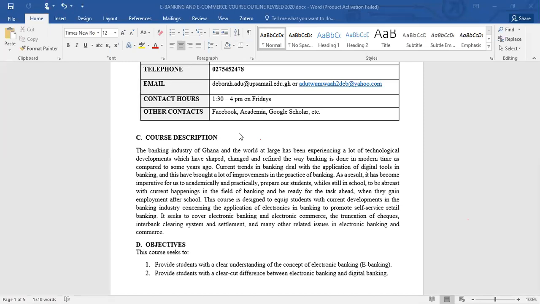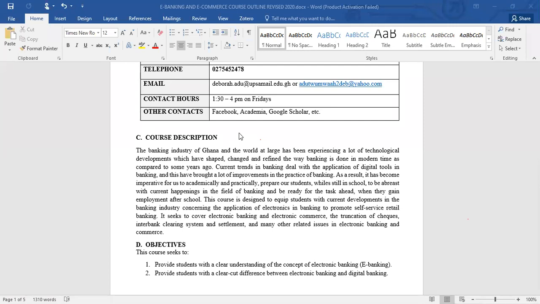So not only will you be looking at electronic banking, but we will also be looking at electronic commerce. Electronic commerce is something that we are all involved in. The social media platforms that we use all the time all aid electronic commerce.